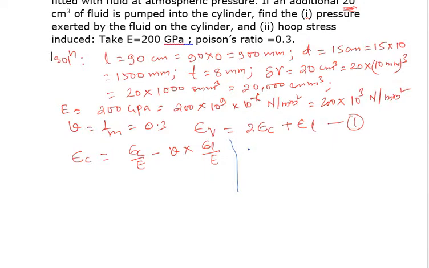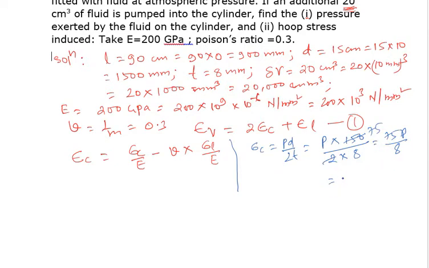You know that sigma C is equal to PD by 2T. So P into diameter, that is 150, by 2 into thickness, that is 8 mm. 150 by 2 is 75, so 75 P by 8.